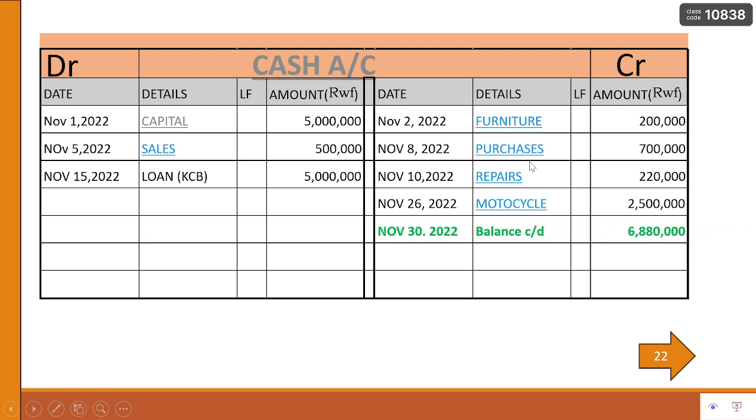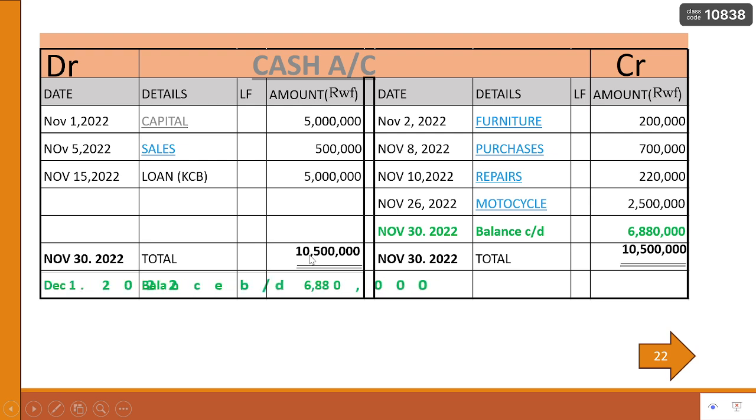The debit side is greater than the credit side, so the balancing figure comes to the credit side, which is 6,880,000 francs. The totals are 10,500,000. Then we draw two parallel lines.